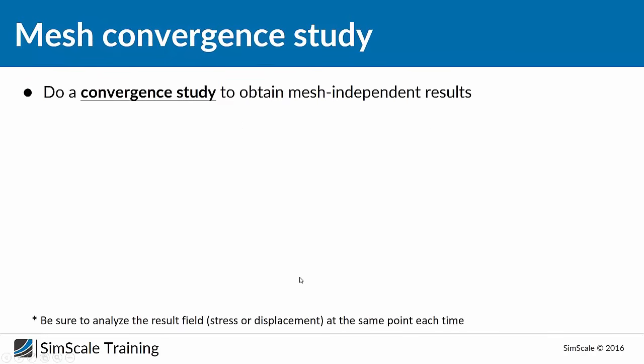Yes, and after we have simplified our model, we need to prepare a mesh. And this is a very important point because our biggest problem is that we are facing a trade-off here. On the one hand, we want to have a very coarse mesh to reduce the effort for us, to reduce the computational resources which are needed, to reduce the time which is needed to prepare the simulation.